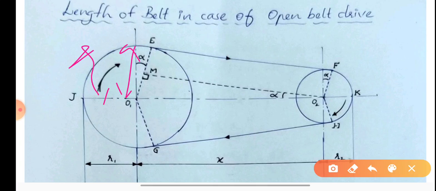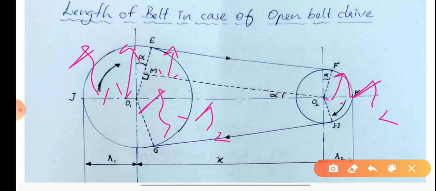If you look at the smaller pulley, O2F is nothing but R2. Here O2F is equal to ME. So O1M is equal to R1 minus R2.